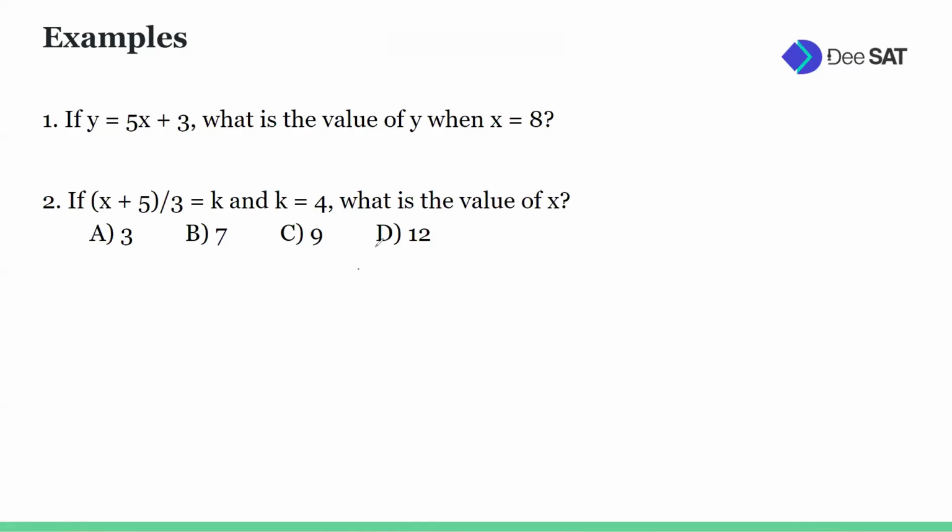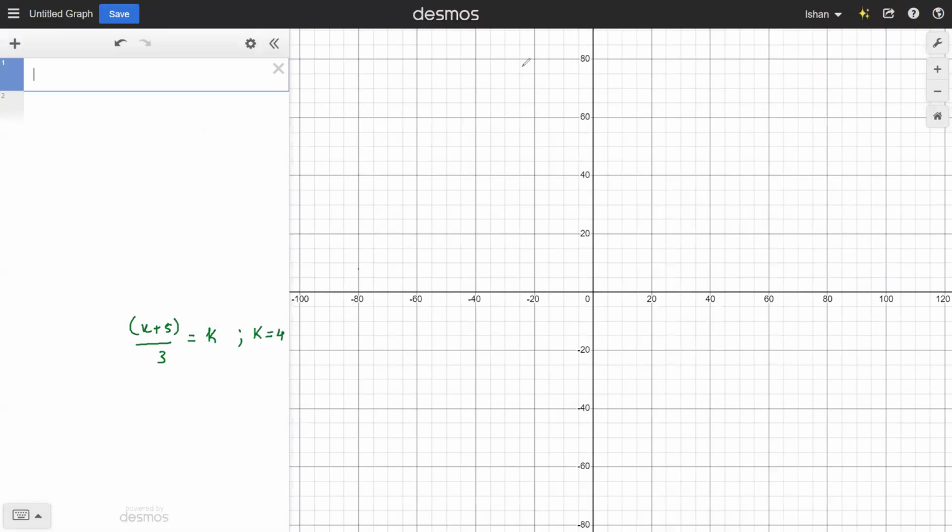Let's look at the second example that says if (x plus 5) divided by 3 is equivalent to k and k is equivalent to 4, what is the value of x? I can use the regression directly. As I can say, I'm changing the value of x to something different. For example, I took x as a over here.